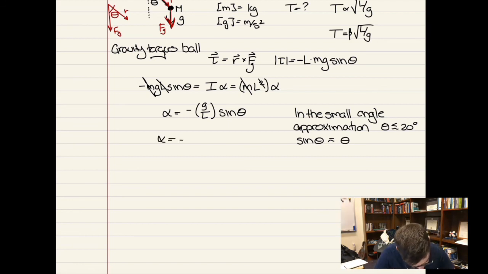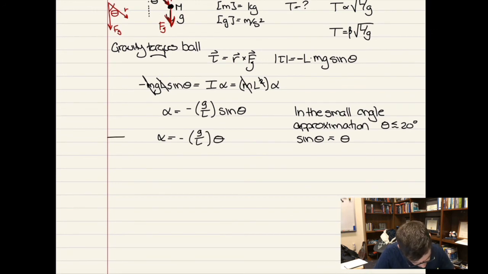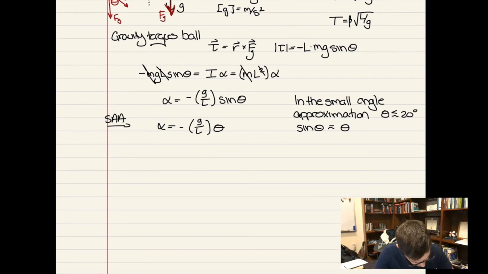That's useful in this context because if I make the small angle approximation, then that says that the angular acceleration is equal to negative g over L times the angular position.